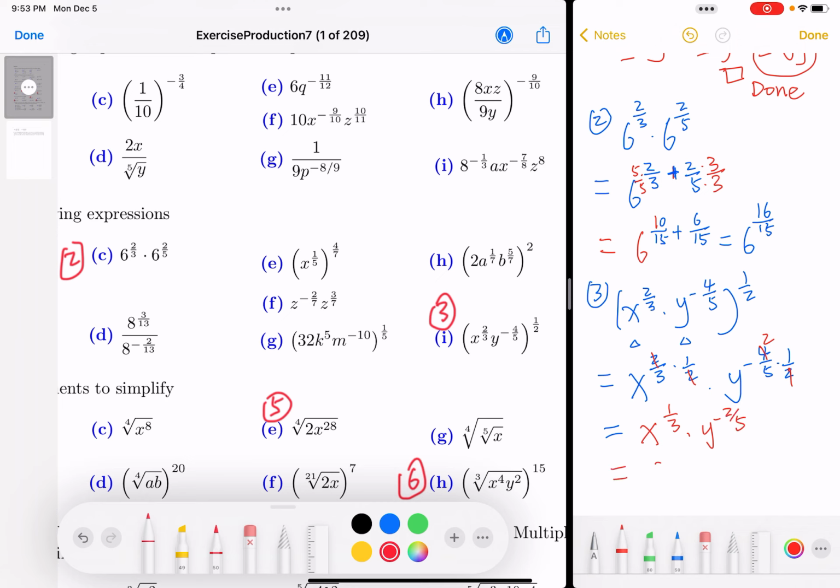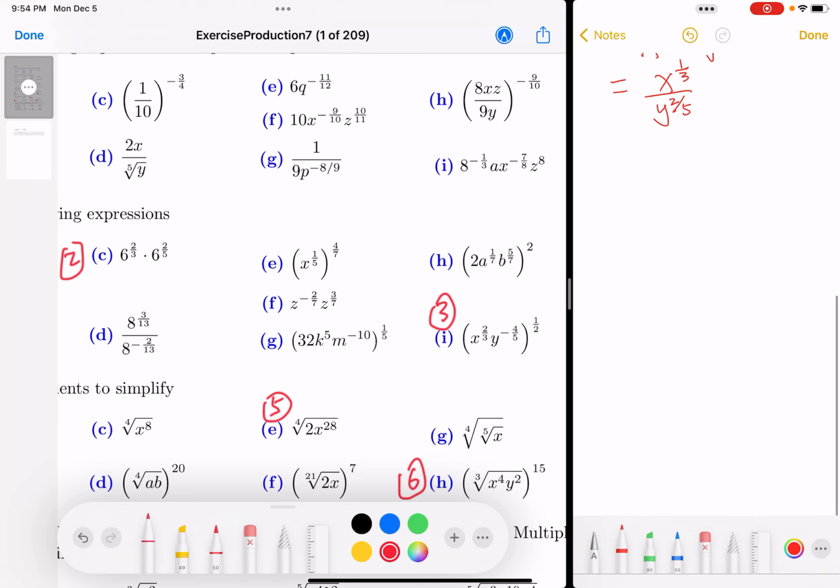And that's x to the 1/3, and downstairs is y to the 2/5. Here we eliminate this negative sign, write all as positive. All right? Okay, so we are done with the first 3 questions.